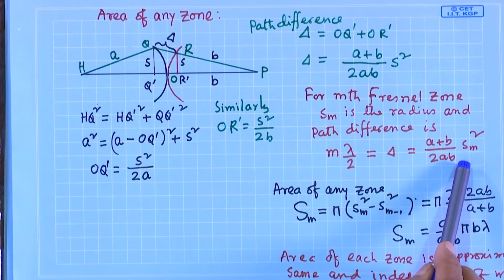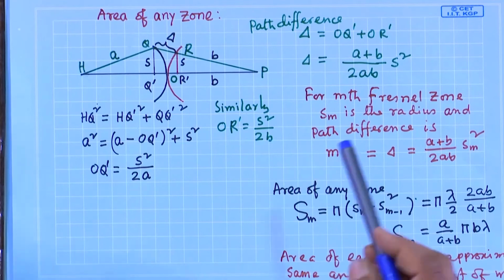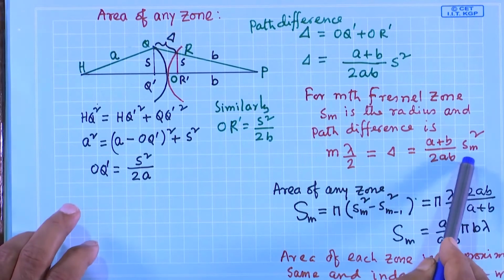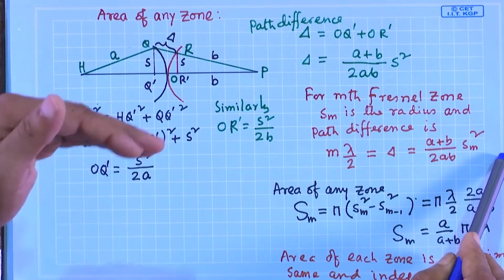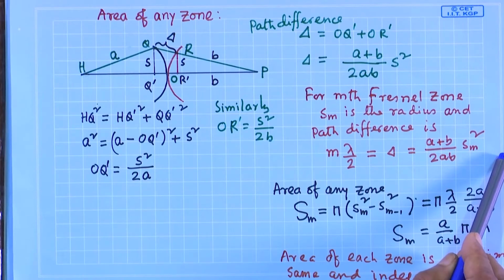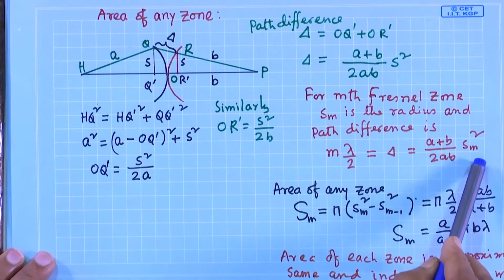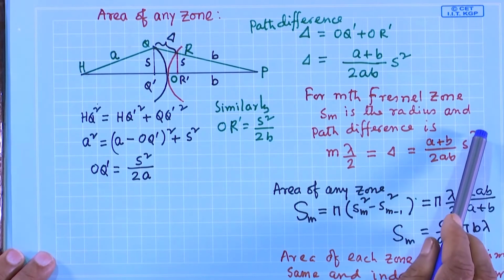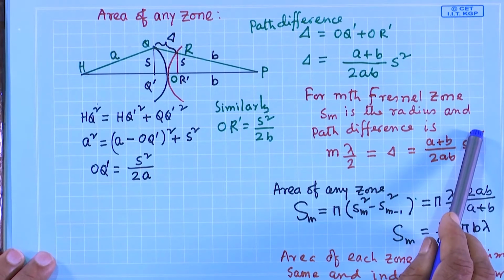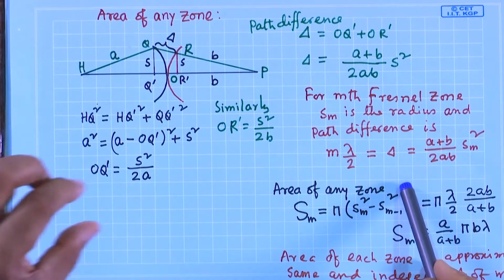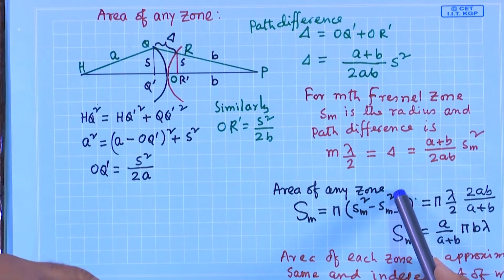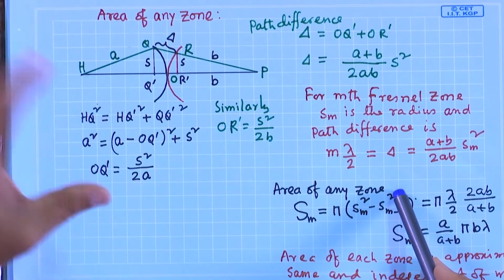So pi SM square will be the area of that circle, and for the m minus 1 circle, the area will be pi S m minus 1 square, right. So the difference of these will give the area between the m minus 1 and mth circle.